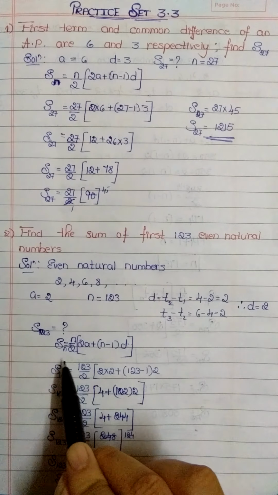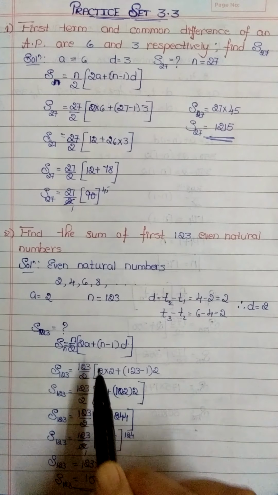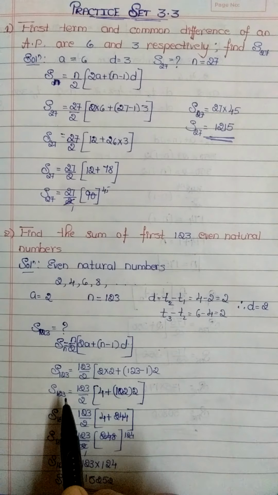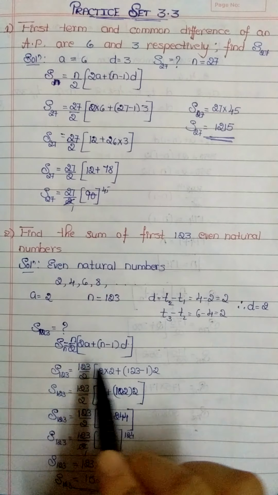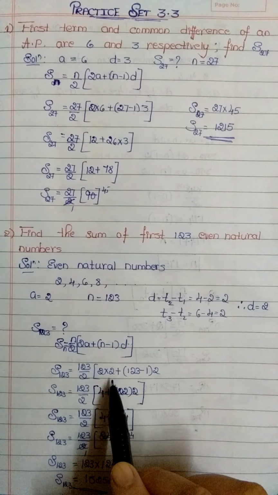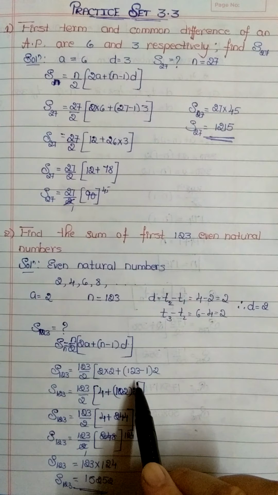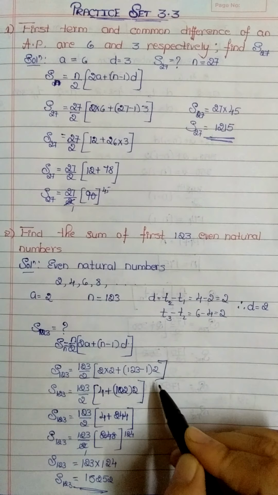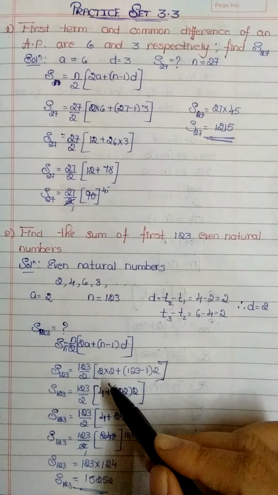Same formula, Sn is equal to n by 2 into 2a plus n minus 1 into d. S123, put the values in this formula, 123 by 2 into 2 into 2 plus 123 minus 1 into 2. So here d is 2 as well as a equal to 2.